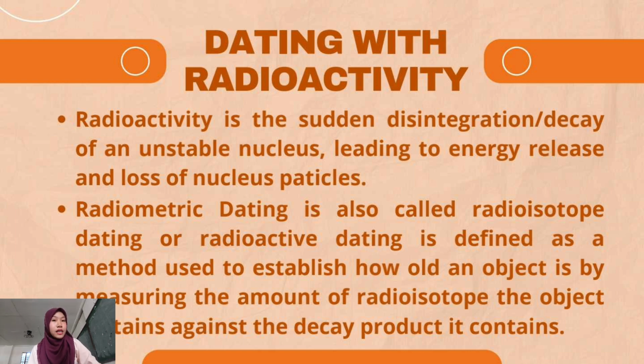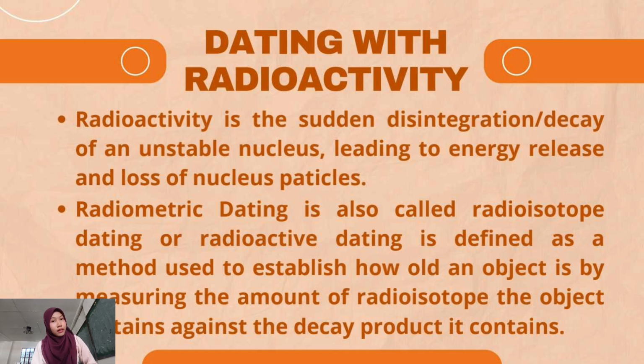Next, what is radiometric dating? Radiometric dating, also called radioisotope dating or radioactive dating, is defined as a method used to establish how old an object is by measuring the amount of radioisotope the object contains against the decay product it contains.